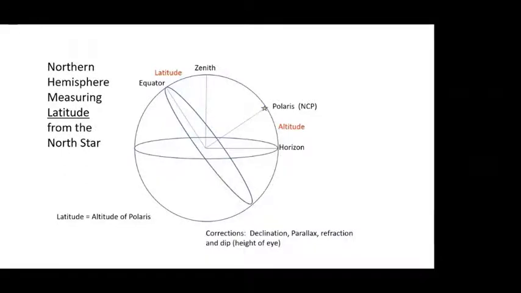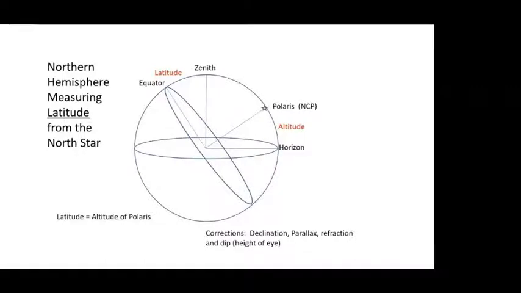Here you see a circle in the northern hemisphere, and the idea is to show you how latitude is obtained from the North Star. This vertical circle is the plane of the observer's meridian. The observer is right in the center of the diagram, and right above his head is a point called the zenith.